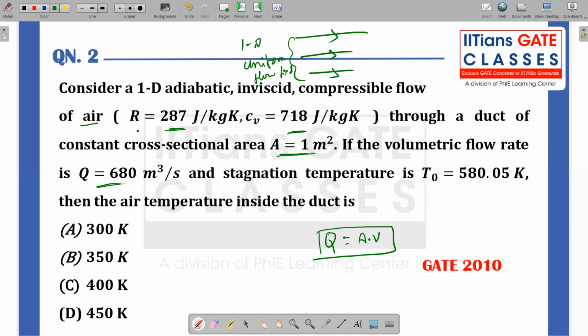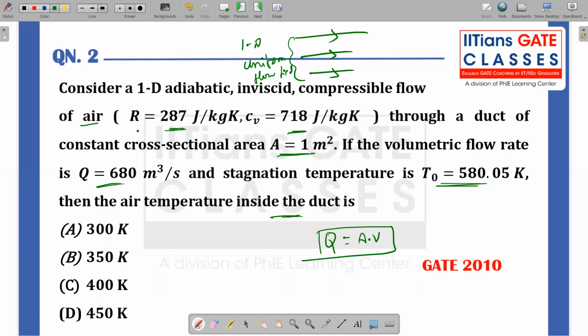So how much flux is going out of a given area, that is the volumetric flow rate, and the stagnation temperature is 580 Kelvin. Then they are asking for the static temperature of the air within the duct if the stagnation temperature is known in that particular flow field, right?